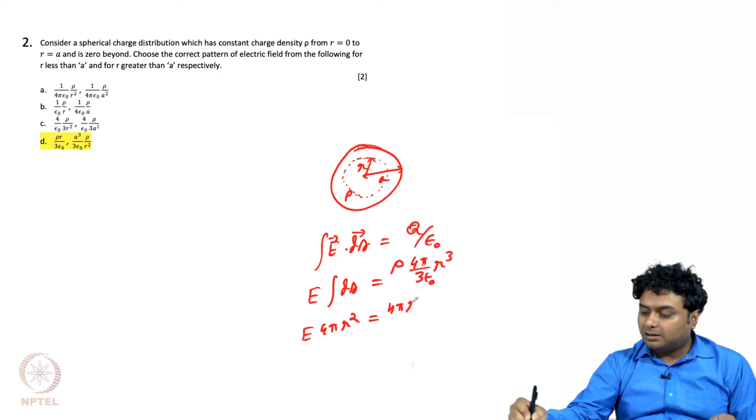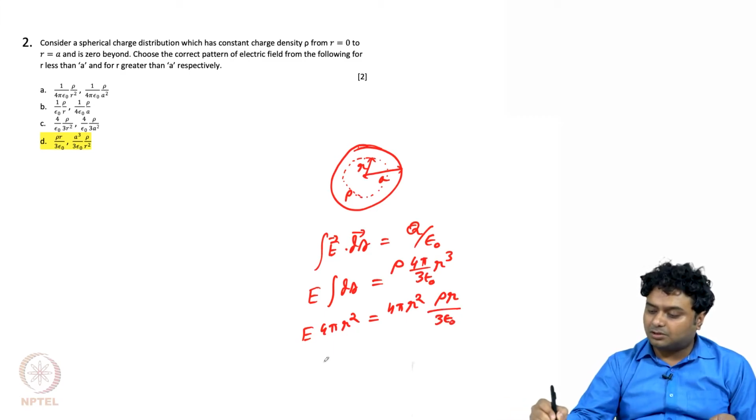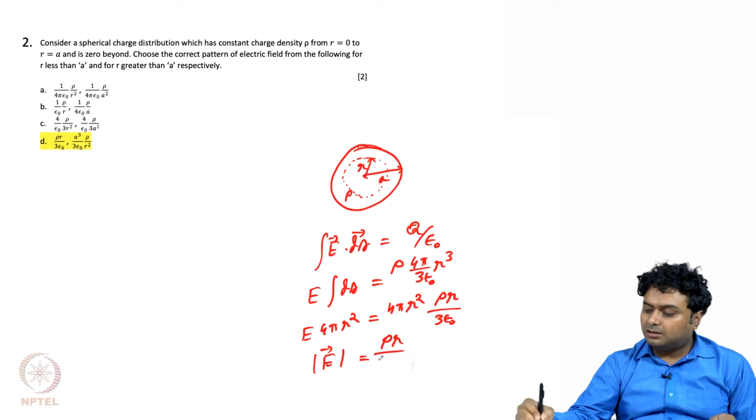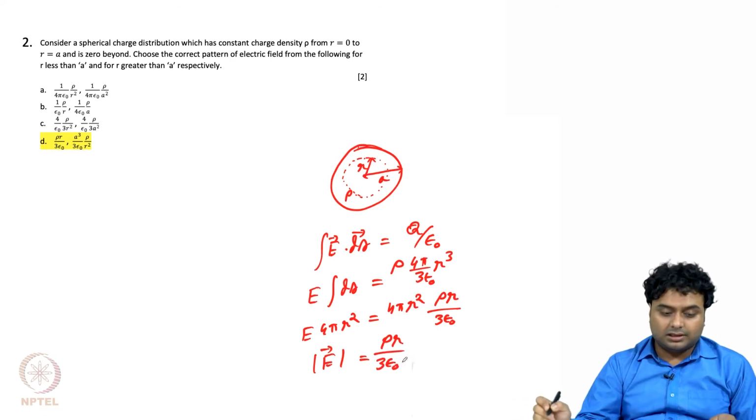I am just writing it in a separate way, I have just taken out 4 pi r square. Now 4 pi r square gets cancelled. So the magnitude of electric field E is equal to rho r by 3 epsilon naught, right.